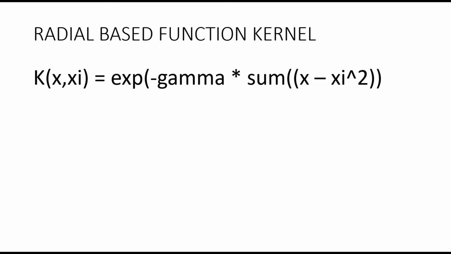Here, gamma is a parameter which ranges from 0 to 1. A higher value of gamma will perfectly fit the training dataset, which causes overfitting. Gamma equal to 0.1 is considered to be a good default value. The value of gamma needs to be manually specified in the learning algorithm.